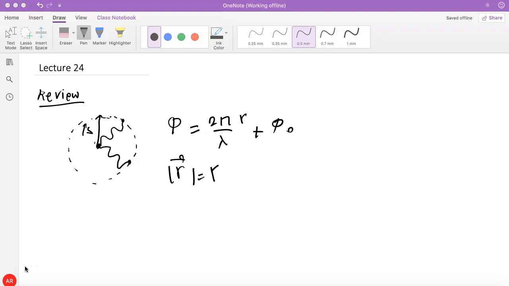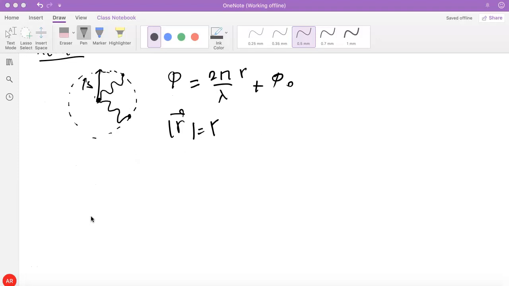Then, if we have multiple sources, we talked about adding these waves, finding the superposition of the waves propagating from the 2 sources, for example.